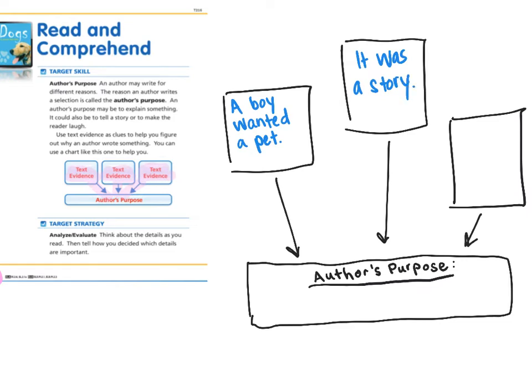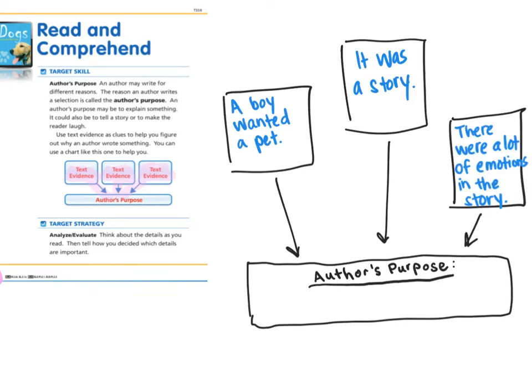And something else from the story was Henry and Mudge both showed that they had a lot of emotions. They were excited when Mudge was adopted. That may have made you feel excited. They were scared when Mudge got lost. Maybe you felt scared for Mudge. So there were a lot of emotions in the story.